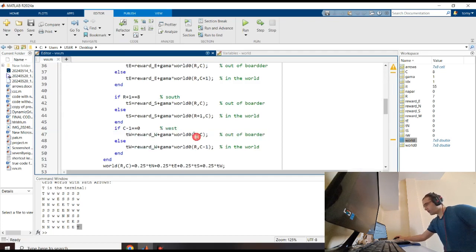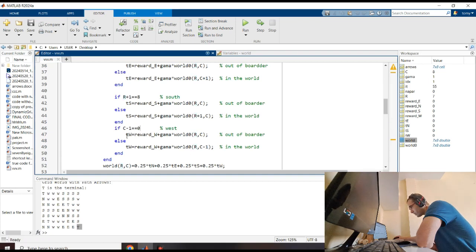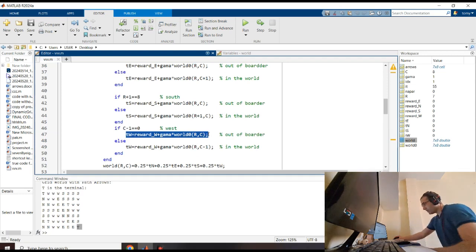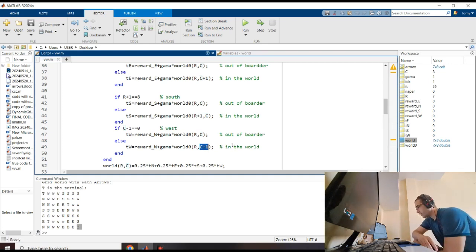So right now, how about this line of code? If minus 1 is equal to 0, this is going to happen. It means out of border, but how? Because minus 1 has been included here in the world. What does this line of code say?